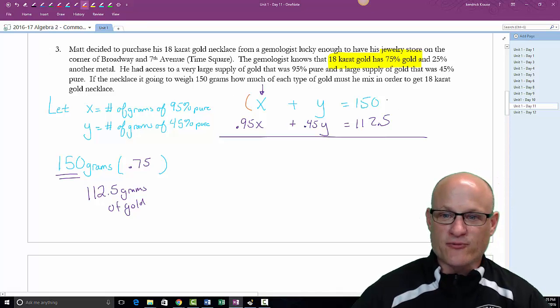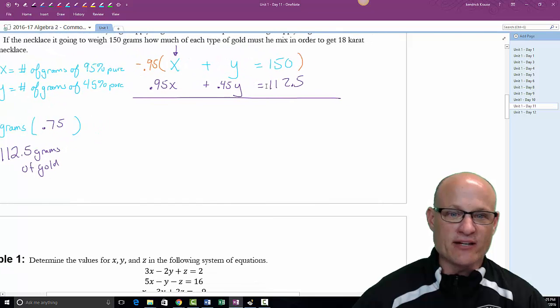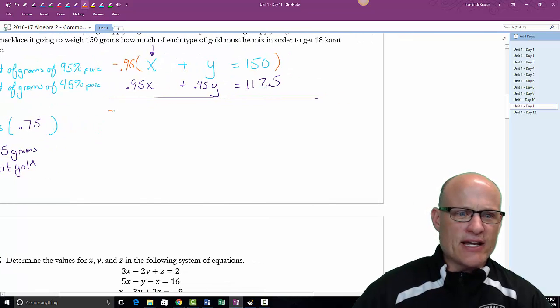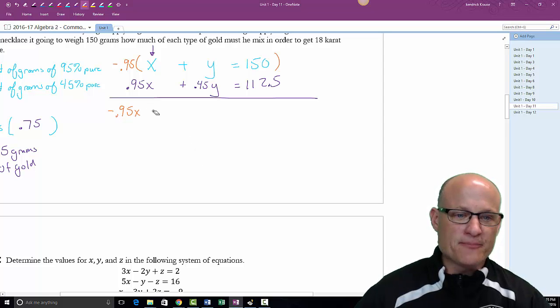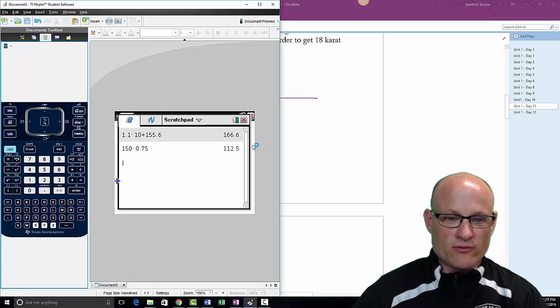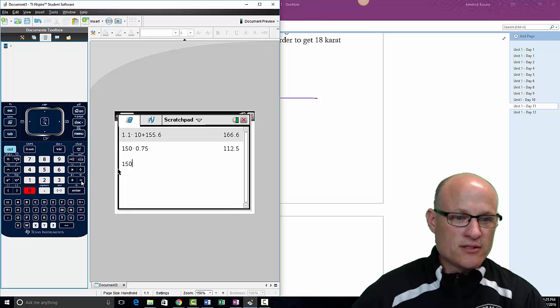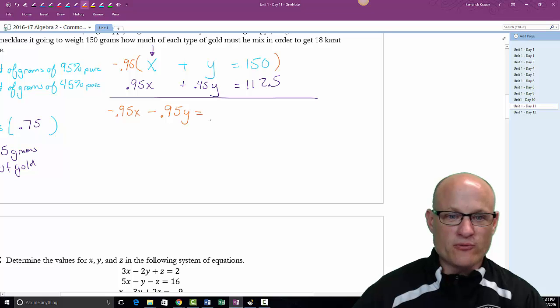We're going to multiply this first one by negative 0.95, to get our opposites, or additive inverses. So I've got negative 0.95x minus 0.95y equals 150 times 0.95, 142.50.